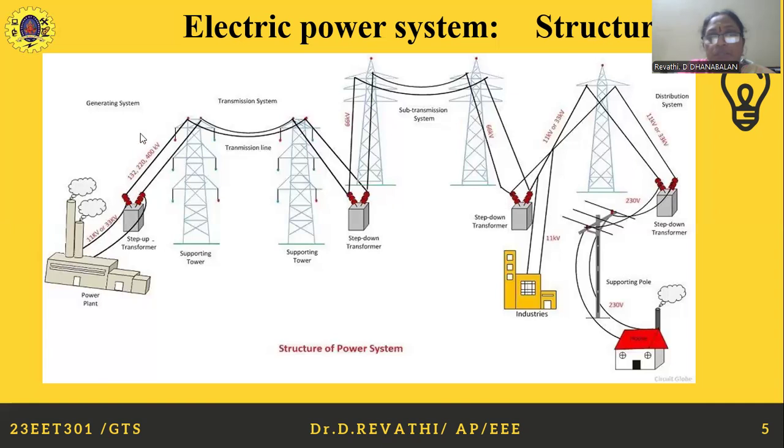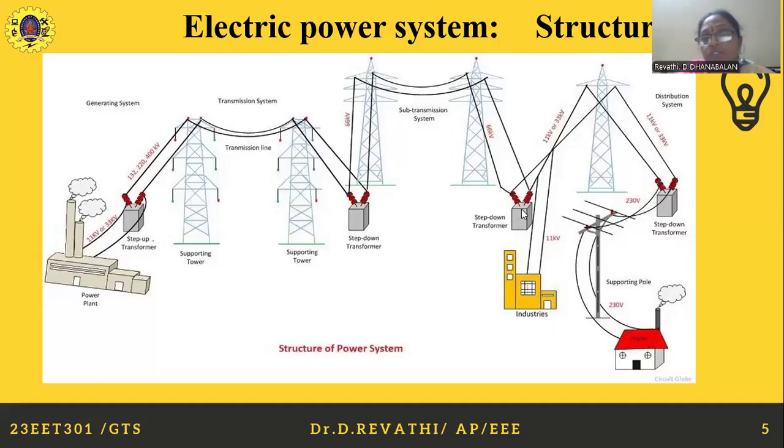These high kV levels are transmitted through the transmission lines, and again the voltage is stepped down based on the requirements for the substations. Again we step down the voltage through the transformer to 66 kV, and then the 66 kV is transmitted to the consumers.